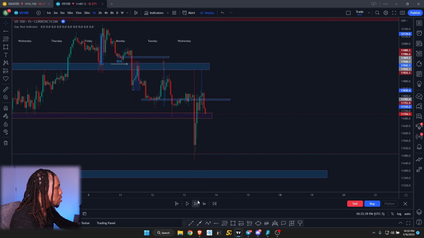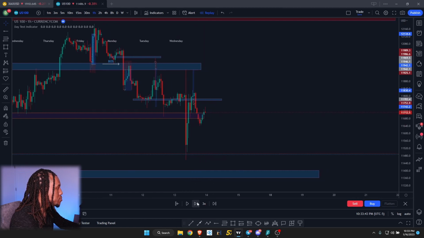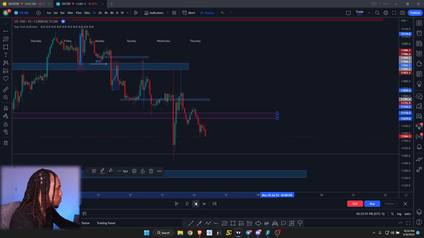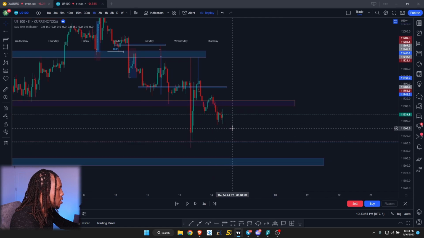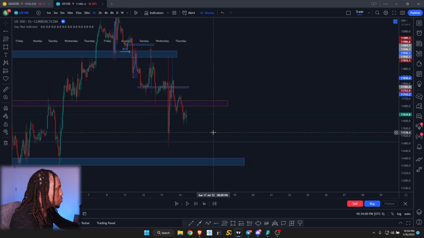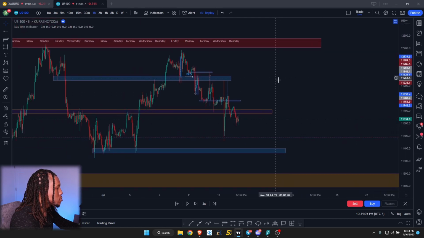Okay. Wow, look at that, huh? Okay, again, we still have price action in this area here. Okay, so 8 a.m. Let me just look at the actual flow of the market, the direction.